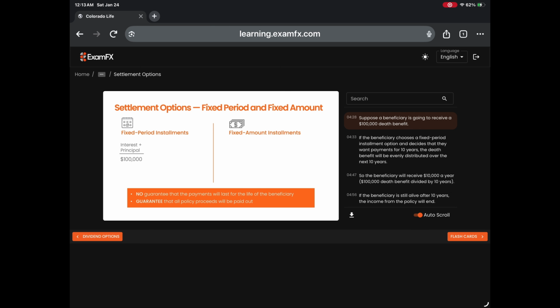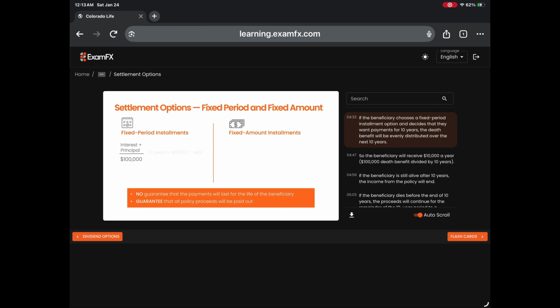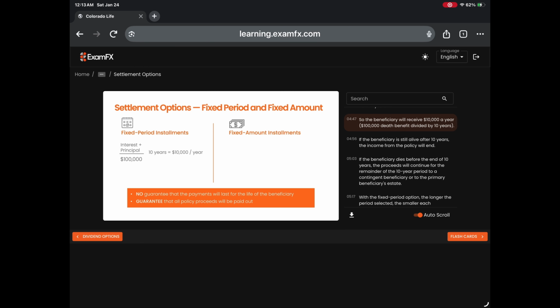Suppose a beneficiary is going to receive a $100,000 death benefit. If the beneficiary chooses a fixed period installment option and decides that they want payments for 10 years, the death benefit will be evenly distributed over the next 10 years. So the beneficiary will receive $10,000 a year, $100,000 death benefit divided by 10 years.